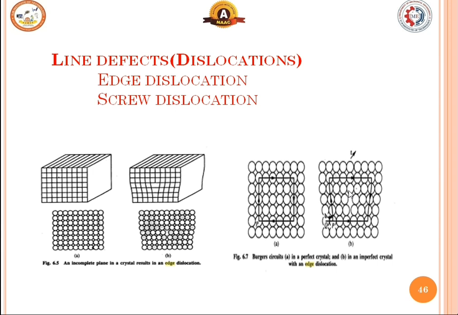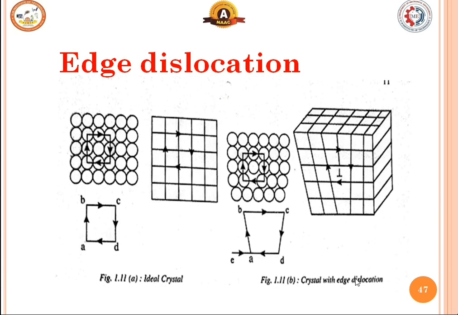You can see in edge dislocation there won't be atoms with respect to one edge. Here it shows very clearly the edge dislocation. This is the ideal crystal with edge dislocation. You can see up to a certain extent atoms will be there, further there won't be any atoms.